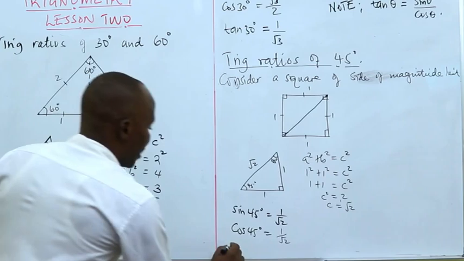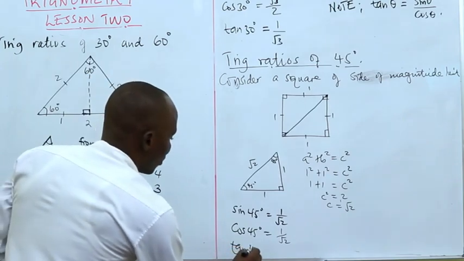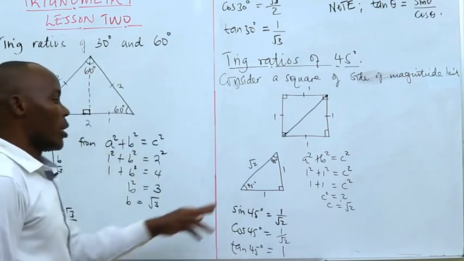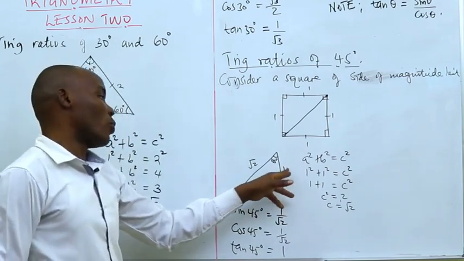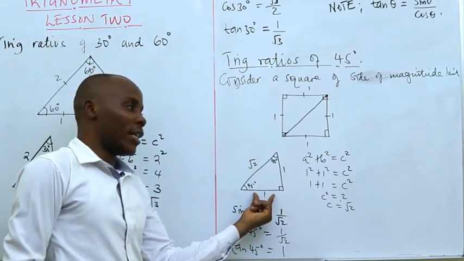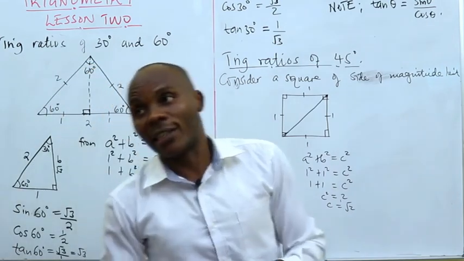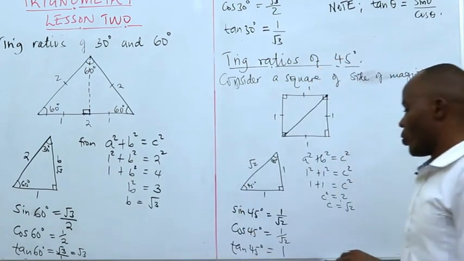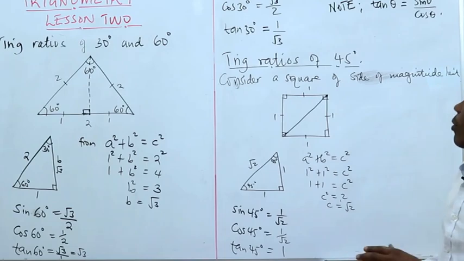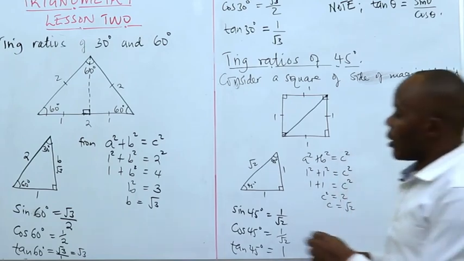Okay? And tan 45 degrees, this one is what? 1. Why? It is opposite to this 45 is 1 over or divided by the adjacent, which is also 1. So 1 over 1 gives you a 1.